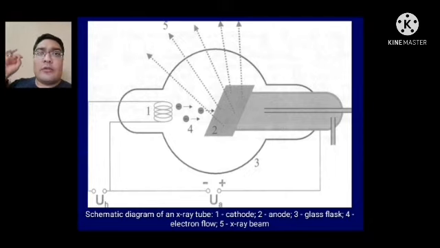Now, 99% of the energy is kicked out from the plate and goes everywhere, producing thermal energy, like heat, and only 1% passes forward and gives us the X-ray. Both cathode and anode are made of tungsten, because tungsten can take really high temperatures.